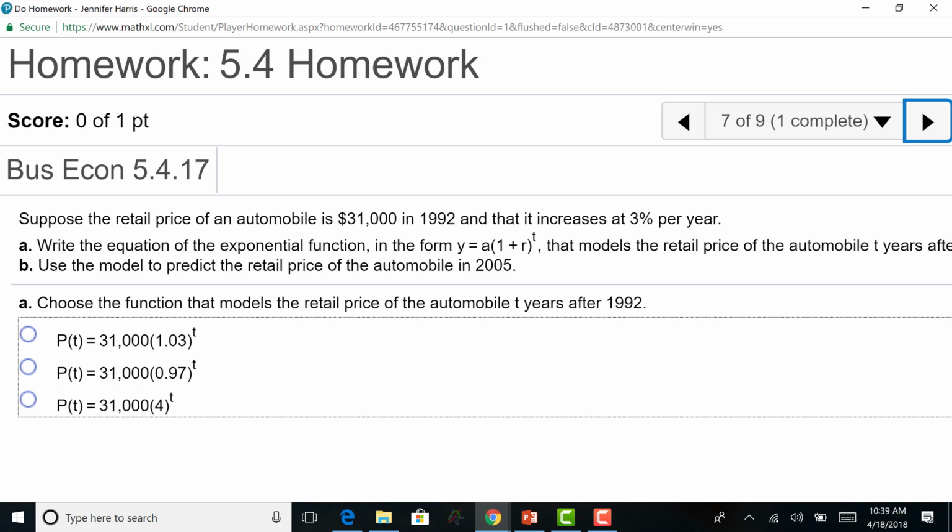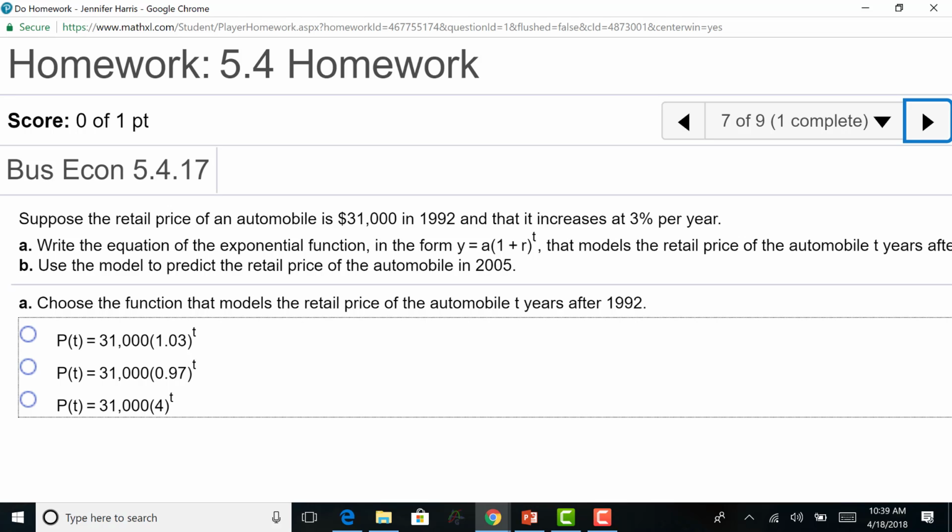Now, bullet number 2 says use the model to predict the retail price of the automobile in 2005. What now? I have the equation. How do I predict the price of the automobile in 2005? How many years is 2005 after 1992? Can I subtract those 2 years? Yes. So how many years is 1992 from 2005?